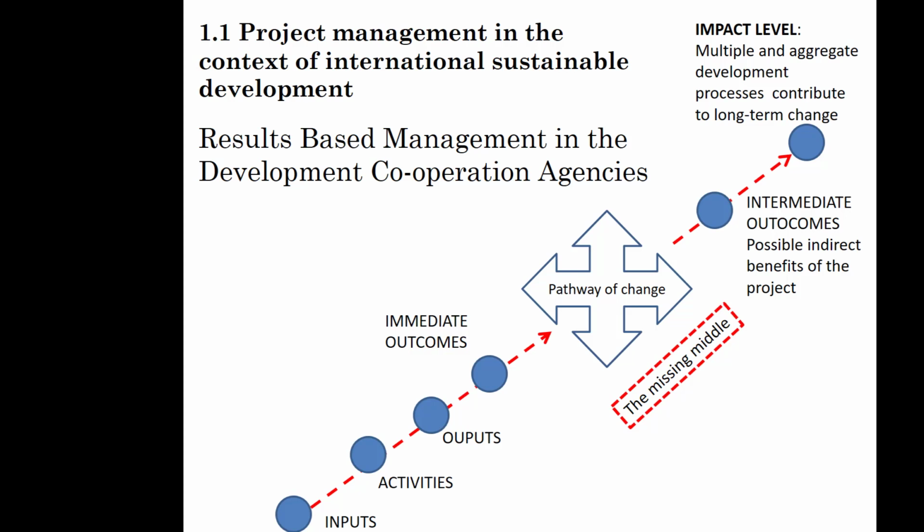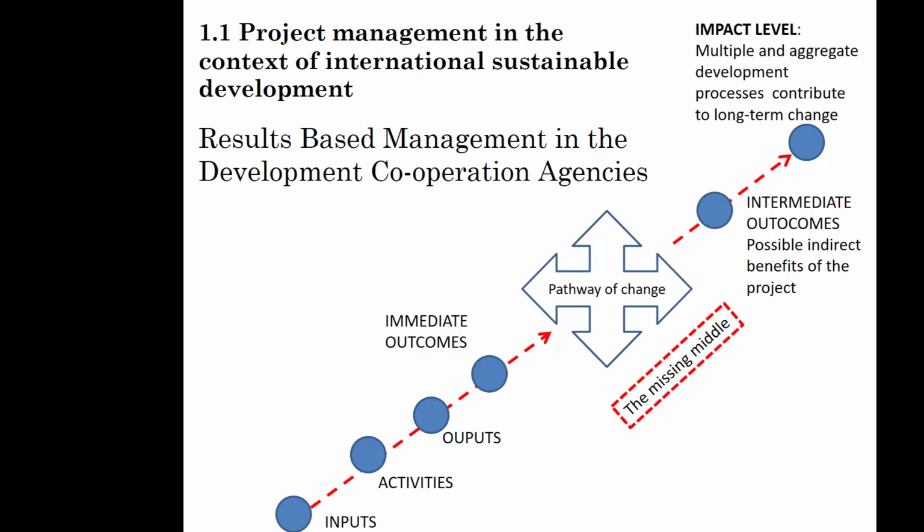Why should an outcome unfold into another outcome? What are the preconditions necessary for this to happen? These are all things that are not really addressed in the linear thinking of results-based management, and started to come out with this new revolution of the theory of change.